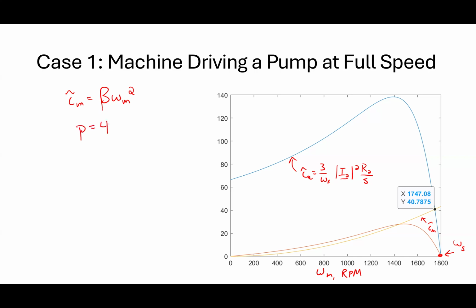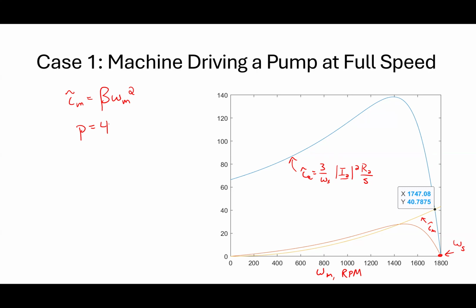All right. Common question that I've seen for like the FE exam is they'll say, I got a machine that's operating at 1747 RPM. Like this guy, just so we can see, I have highlighted the operating point. How many poles does it have?